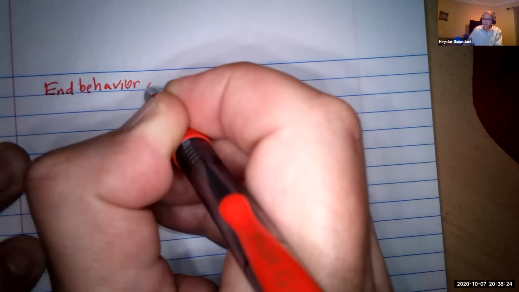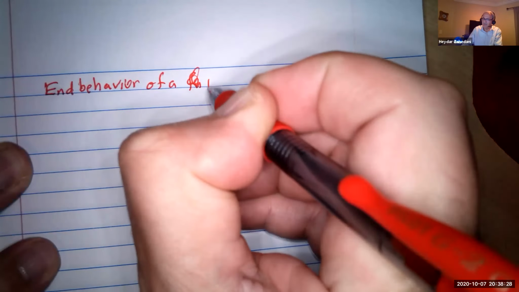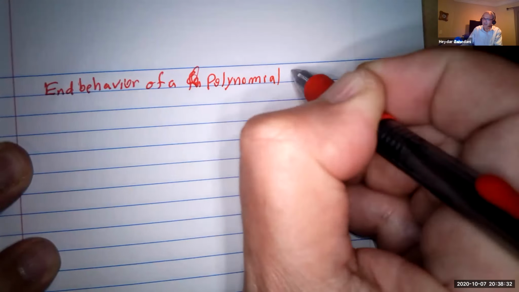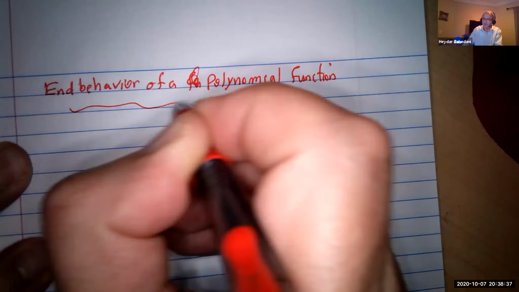The first thing to do is the end behavior of the polynomial.